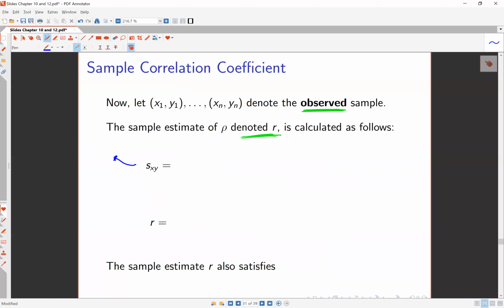First, we have to calculate the sample covariance. So this is the sample equivalent of the population calculation on the previous slide. You have an initial factor 1 over n minus 1, and you multiply that factor by the sum of the product of the x and the y values.